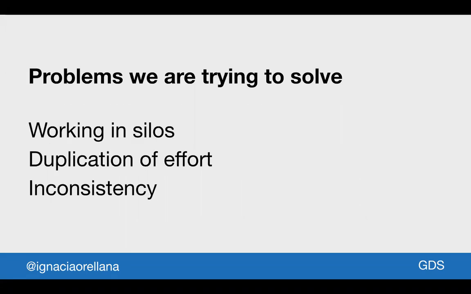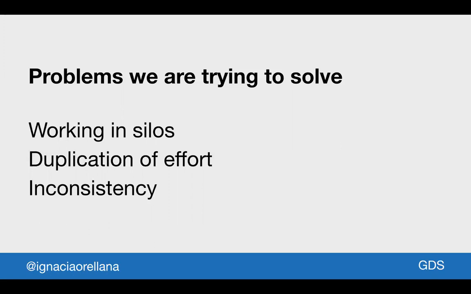So here are some of the problems that we are trying to tackle while working in a large organization such as government. We have teams across government that are delivering services, often working to strict deadlines and focusing on their own service. So there's no central space to share work in progress and not that much incentive to do so.